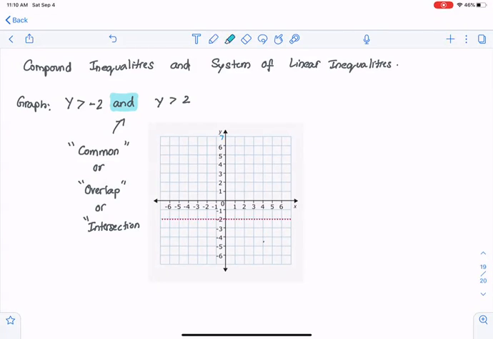Before I do that, let me go ahead and shade the region for greater than -2.